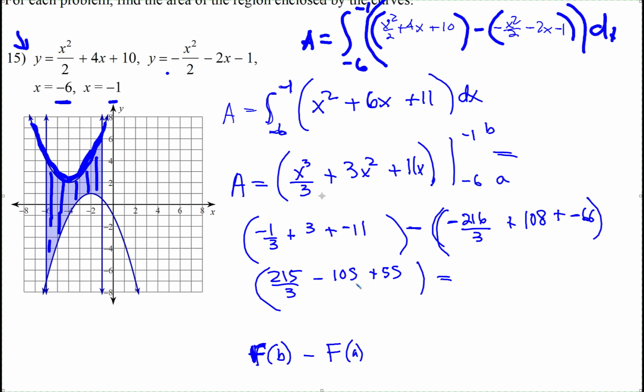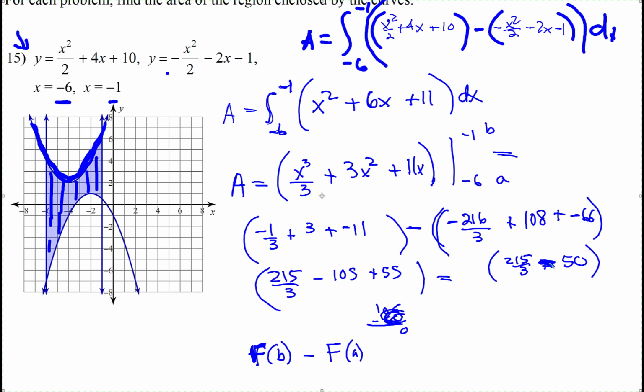All right. So negative 105 plus 55 should be negative 50. So 215 thirds, subtract 50.